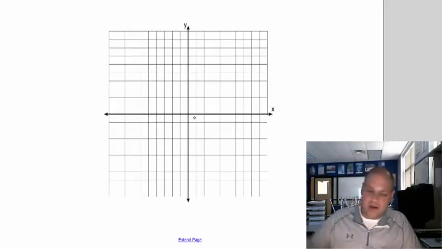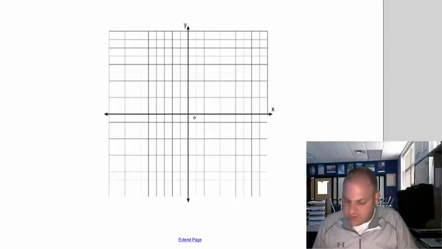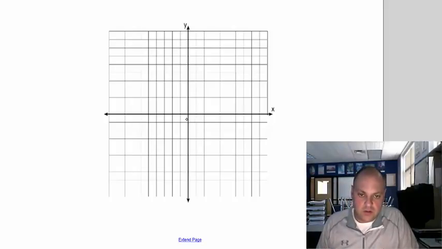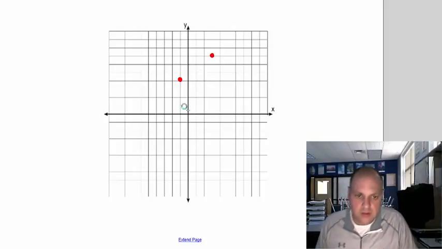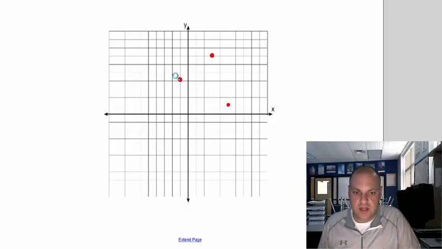Let me put that on here. -1, 4, 3, 7, and 5, 1. What happened to this graph? I can't even do this. I can't. 1, 2, 3. Is this 4? I don't even know. 3, 7. 5, 1. Okay, so something like that.